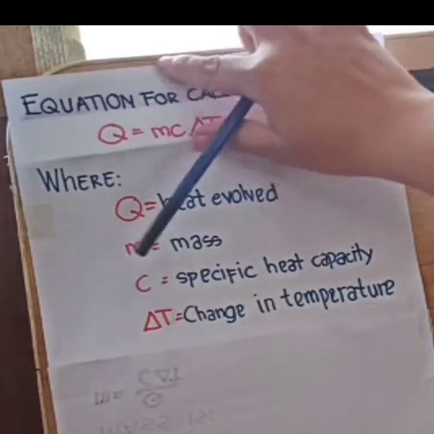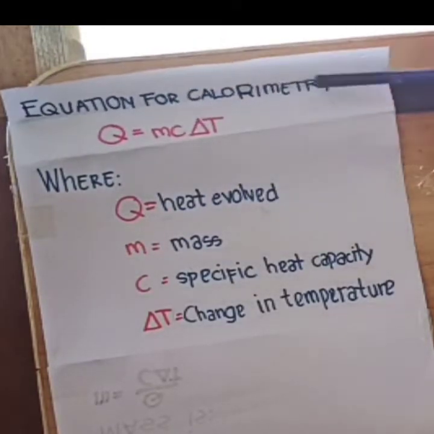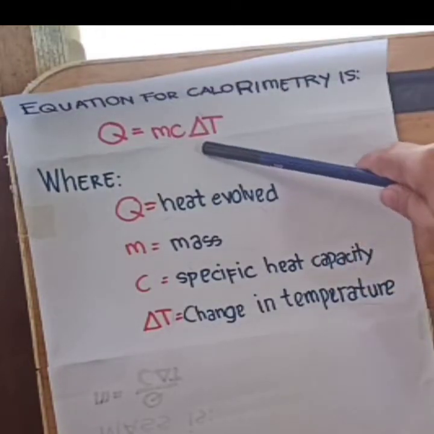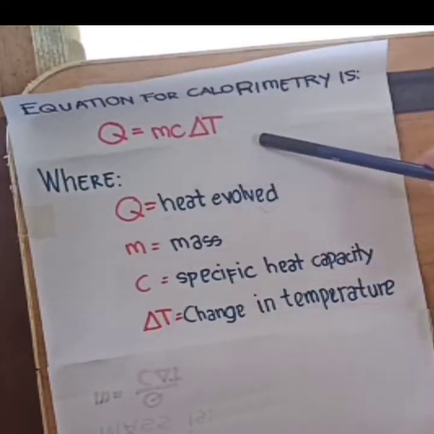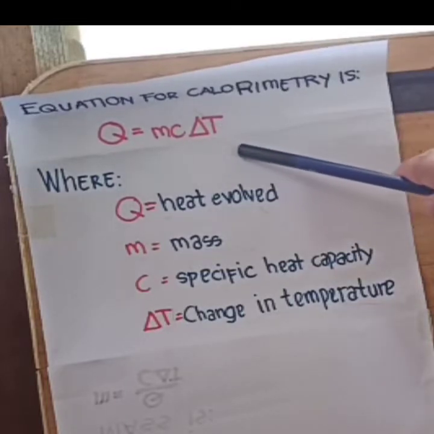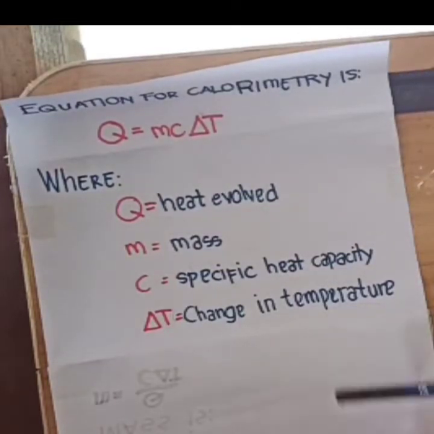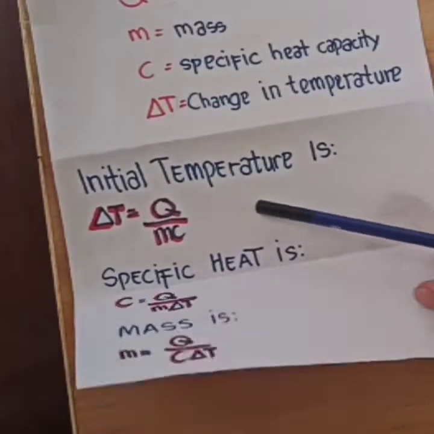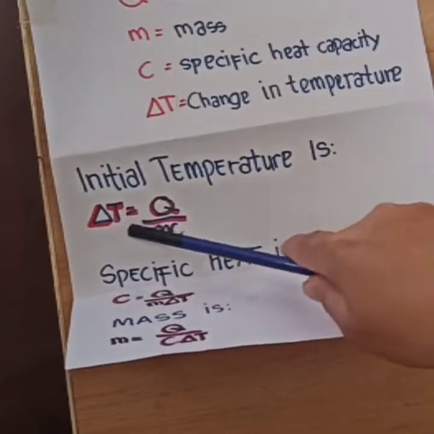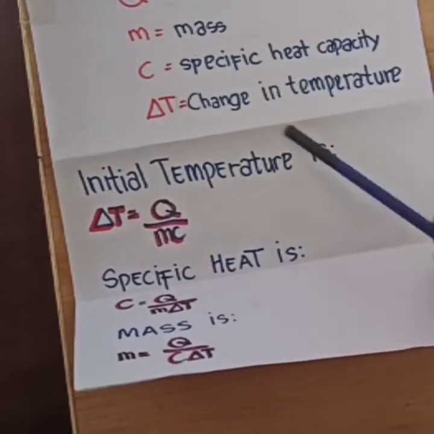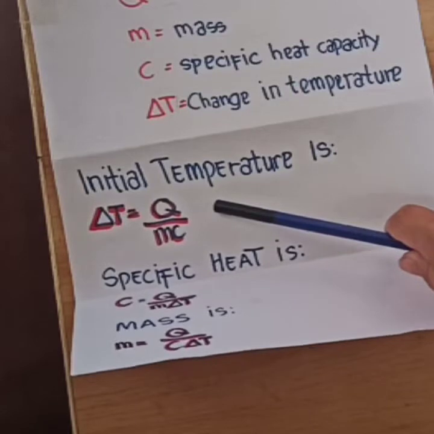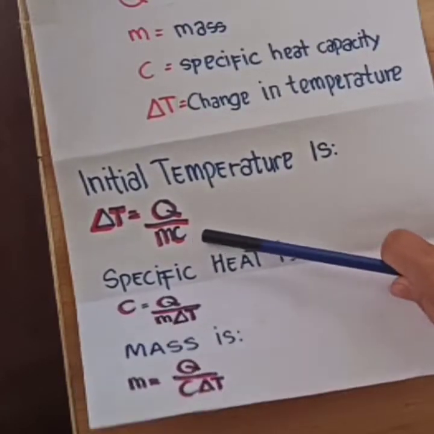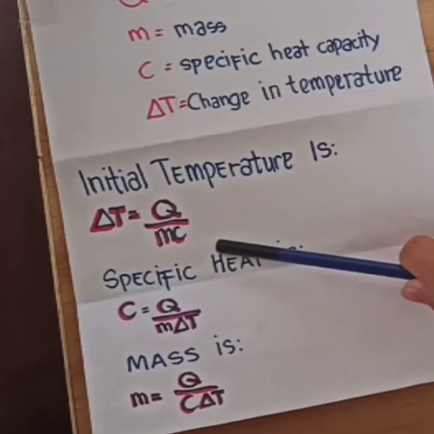So we have here the equation of calorimetry: heat is equal to mass, specific heat, and change in temperature. Then the change in temperature equals heat evolved over mass and specific heat capacity.